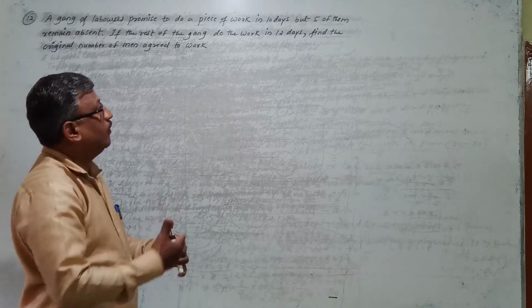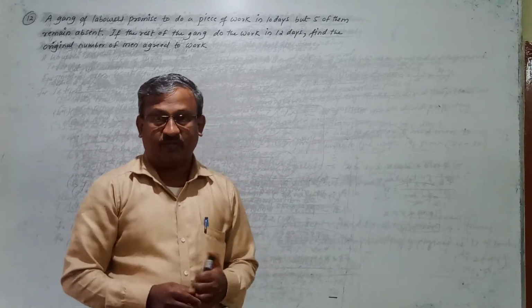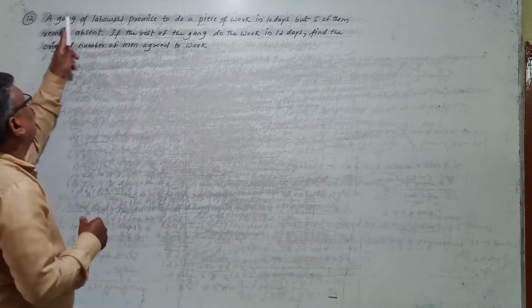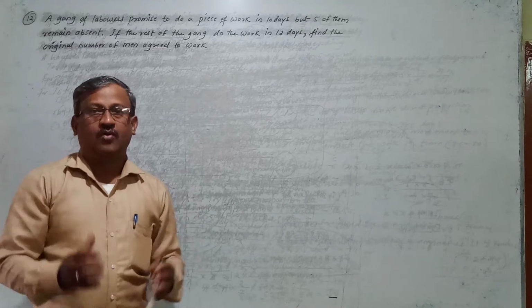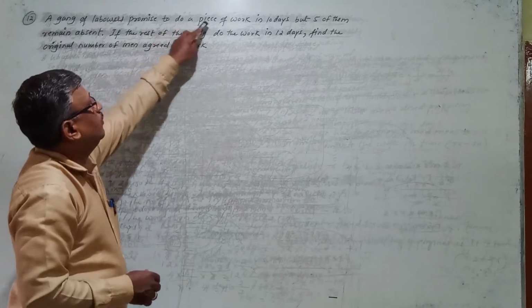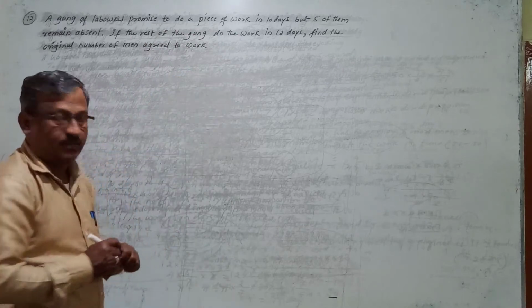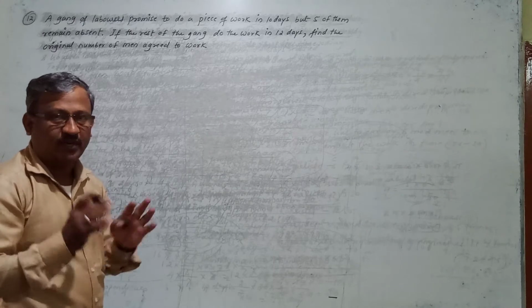So originally how many workers had promised to do that work, it is not given in this problem, right? But they said a gang of laborers. A gang means a group of workers, right? A group of laborers have promised to do a piece of work in 10 days. So originally how many workers were there, it is not known.